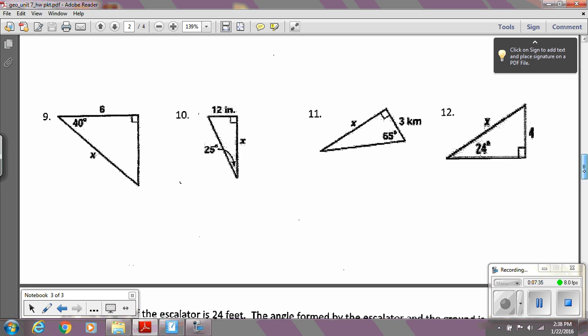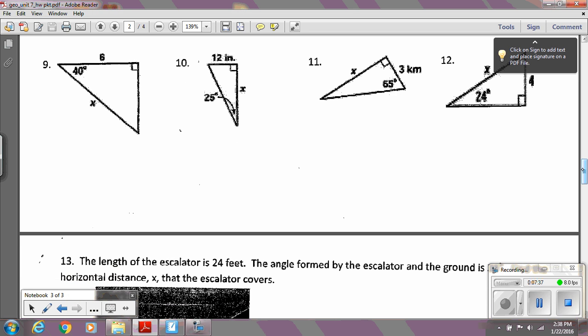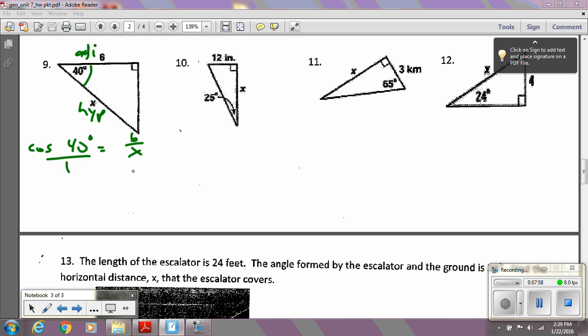Okay, number 9 is next. On number 9, my reference angle is 40 degrees. According to that, I have adjacent and hypotenuse. So again, we have cosine 40 degrees is 6 over x. Put it over 1. Cross multiply. You'll get 6 is equal to x times cosine of 40.